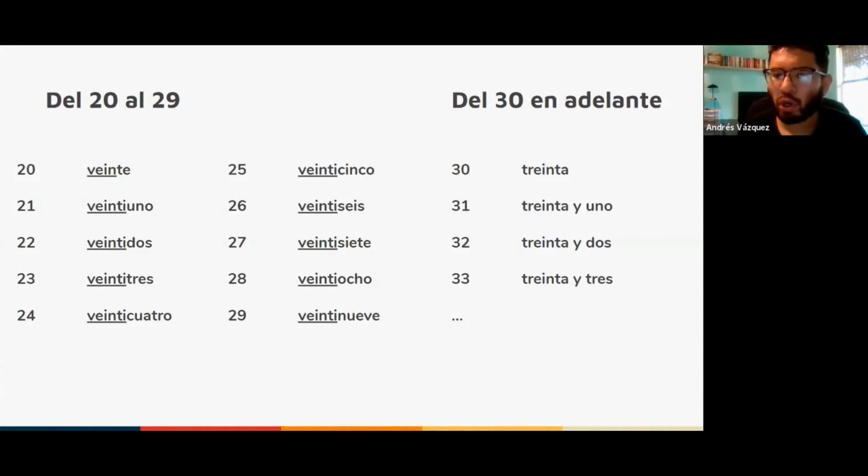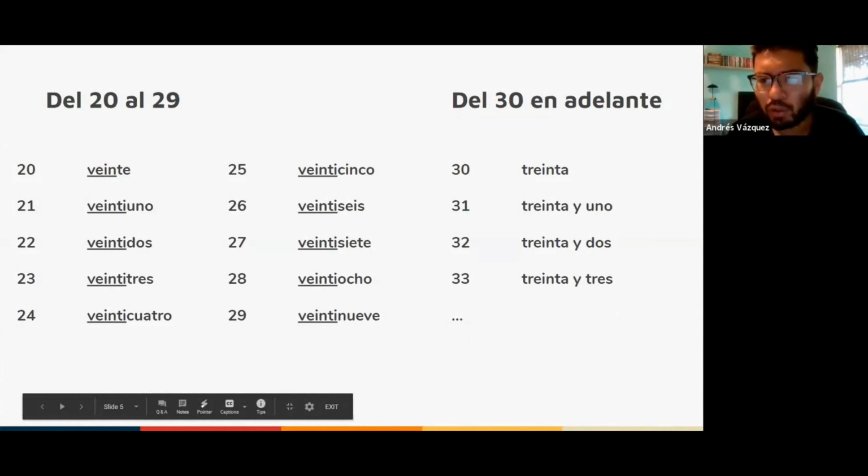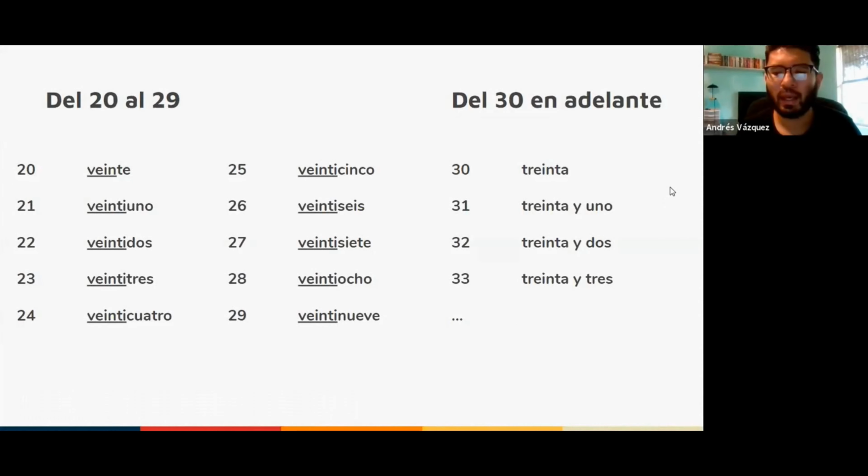From 30 onward, we see a slight change with this pattern. So it's no longer a compound word, but rather you have the words separated, no? We have 30, 31, 32, 33, which I think will better help us remember, no? Once we have already memorized numbers from 1 to 9, we can just recall those numbers and add them to whatever tens place we are working with.